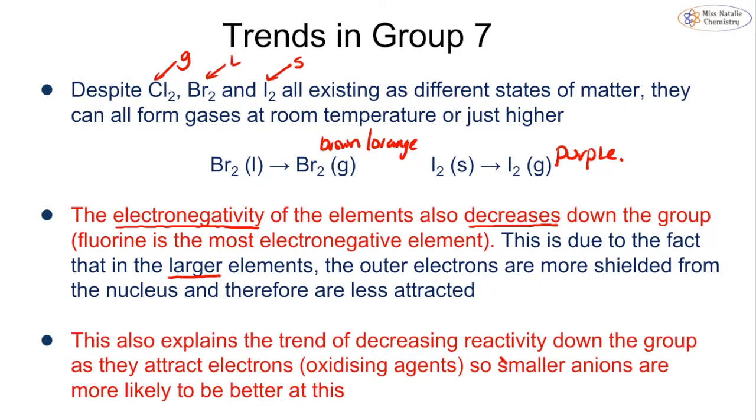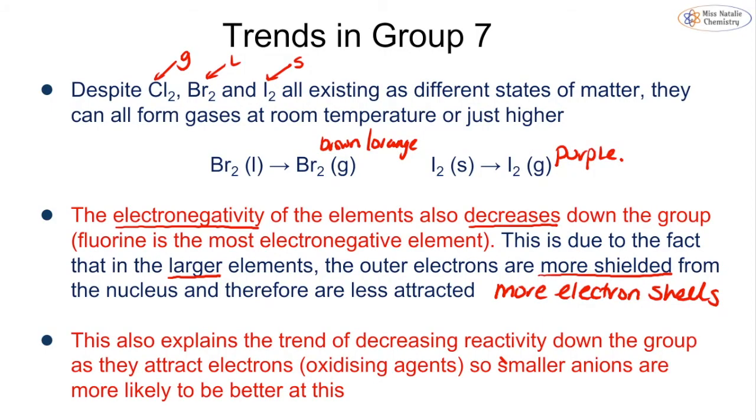As we get larger elements, that means that we have more electron shells being added. And the more electron shells that we have, the more shielding we get from our outer electrons. So our outer electrons become less attracted to the nucleus, causing there to be a decrease in the electronegativity.